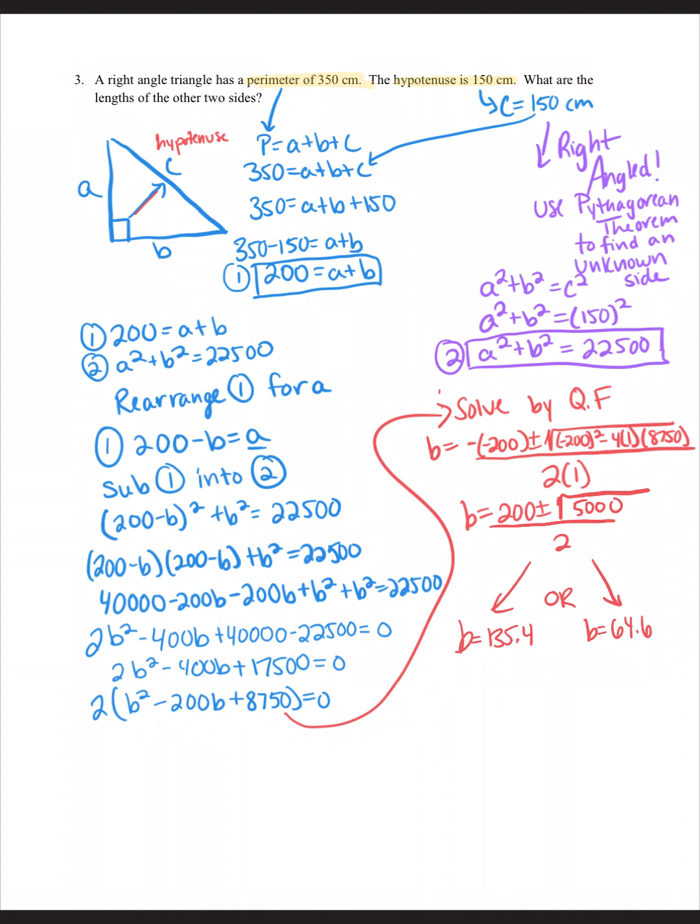Now remember, in our original equation 1, we said that a plus b would equal 200. Well, if you take a look at the two numbers we got from our quadratic formula, 135.4 and 64.6 added together is 200. So we can see that those must be the other values that work in equation 1.